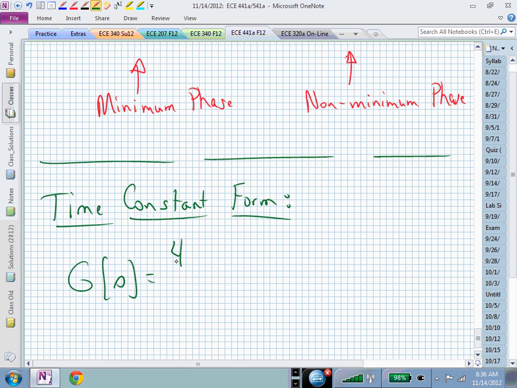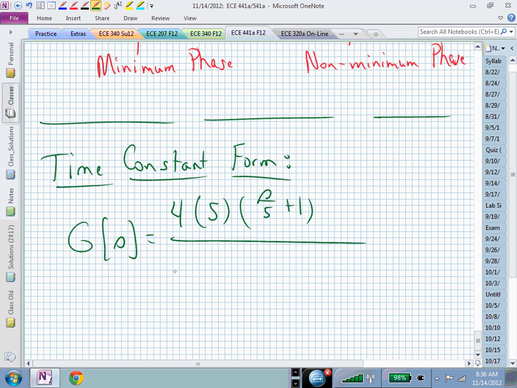I had a 4 to begin with. I'm going to factor out the 5 from upstairs. And downstairs, I think I had a pole at 0.1, and I had a pole at 20.